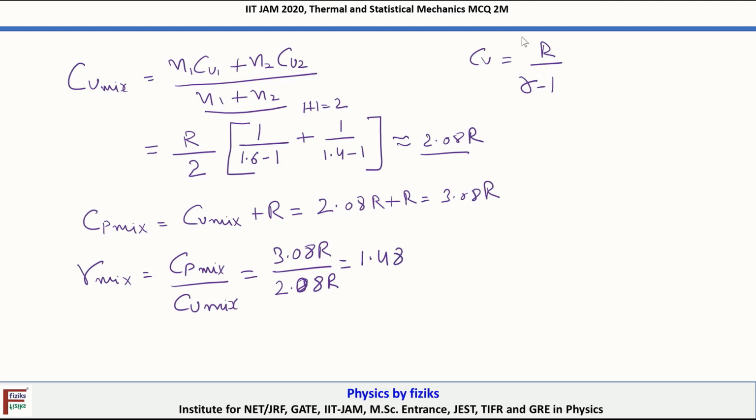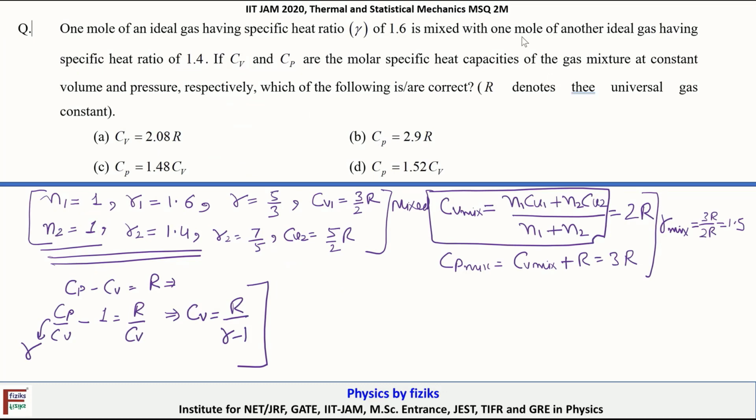Now take a look at the options that are given to us. We have the Cv mix value, 2.08 R, so one of our results matches with option A. Then we have a gamma value of Cp by Cv equal to 1.48, and the other result matches too. We can also compare the two approaches we used.